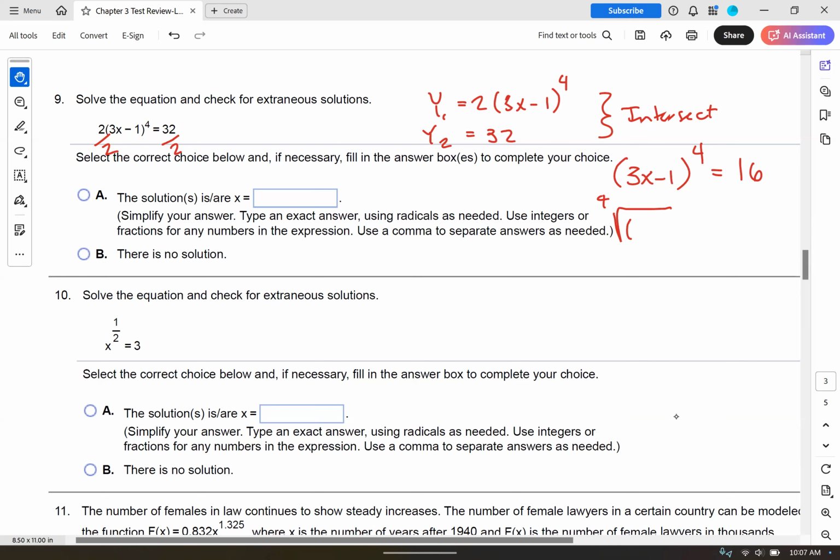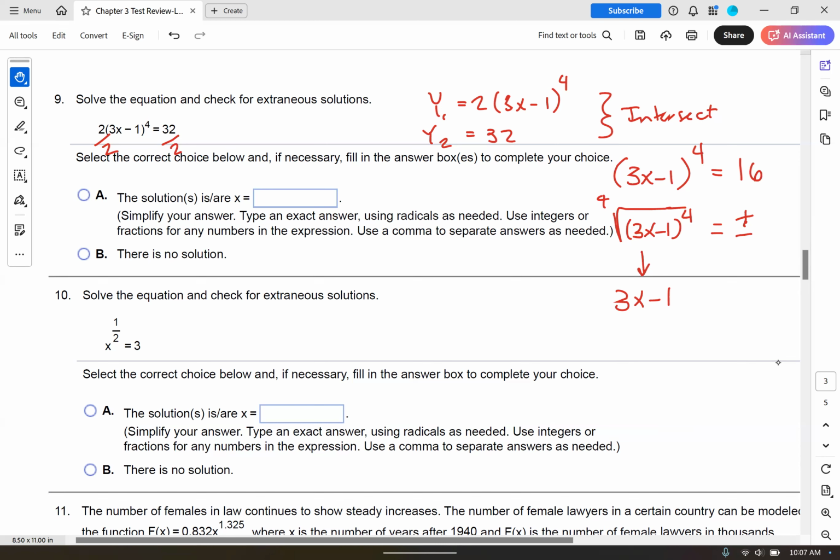So when I take the 4th root of (3x minus 1) to the 4th, that just gives me 3x minus 1. So if I take the 4th root of something raised to the 4th power, that just gives me whatever I got inside parentheses. But on the right-hand side, since I'm taking an even root, I have to put a plus or minus over there. If it's an even root, it has to be a plus or minus.